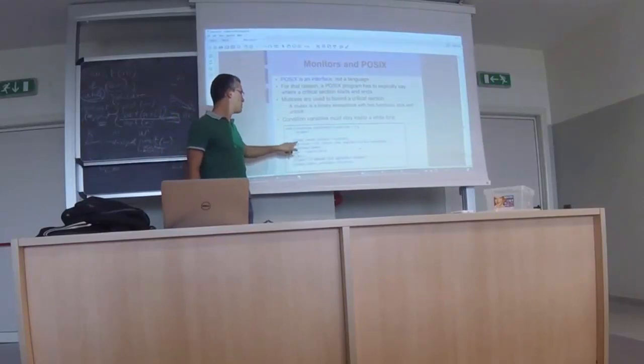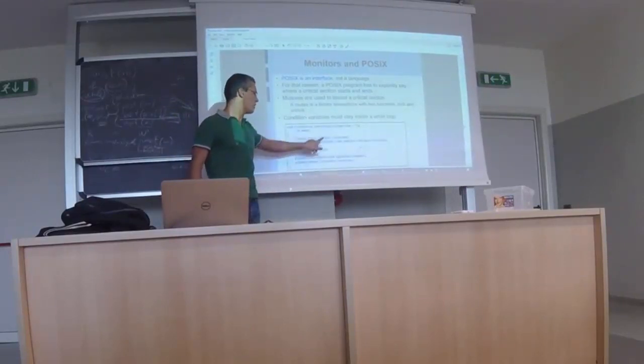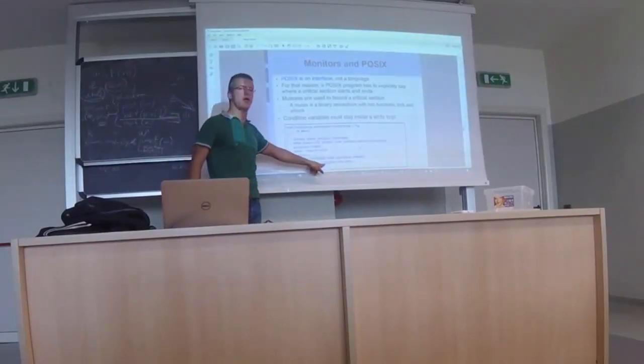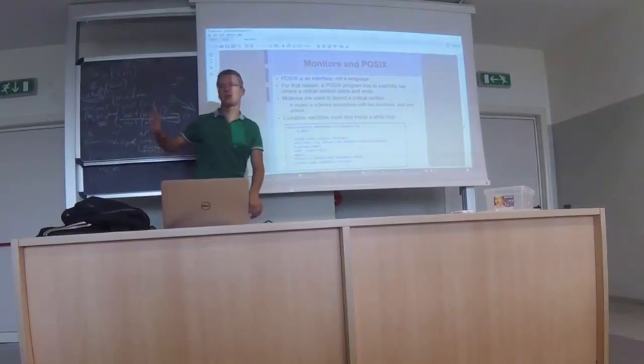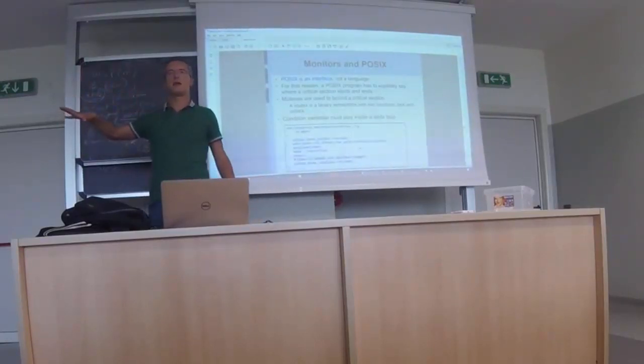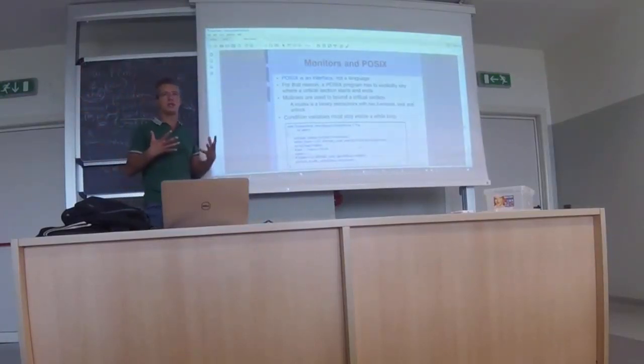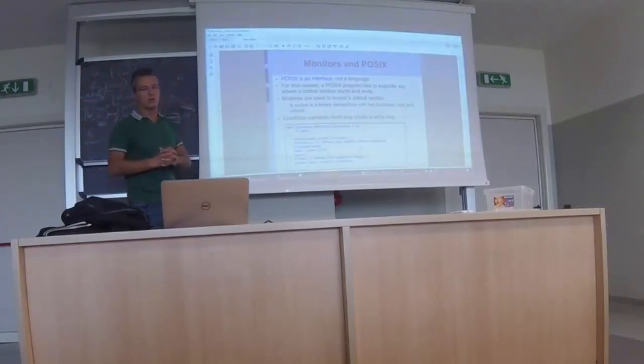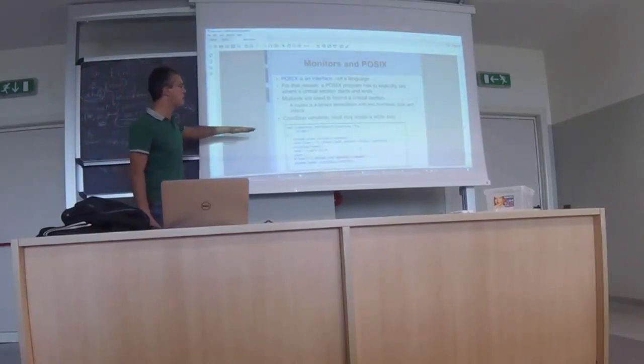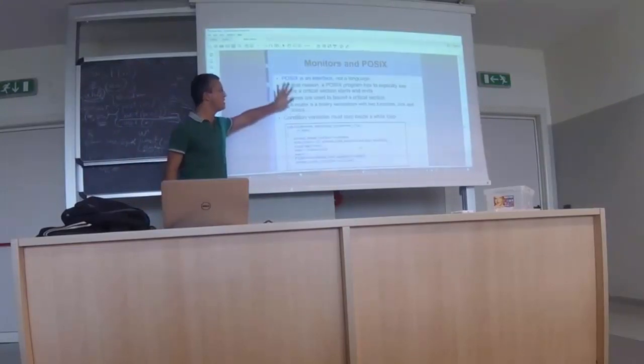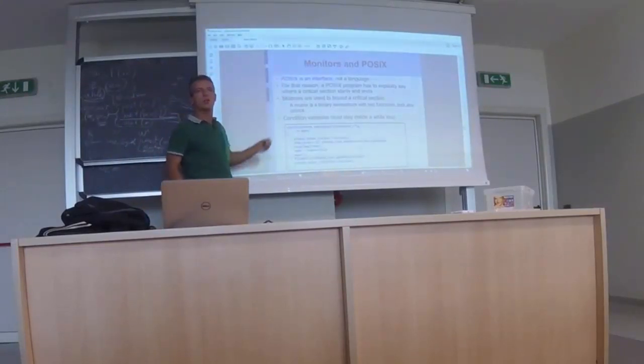So this is pthread_mutex_lock, pthread_mutex_unlock. This is not the sem_wait and sem_signal. With POSIX I do not have any language support, but I need to explicitly say what is the mutex and what is the mutex protecting.